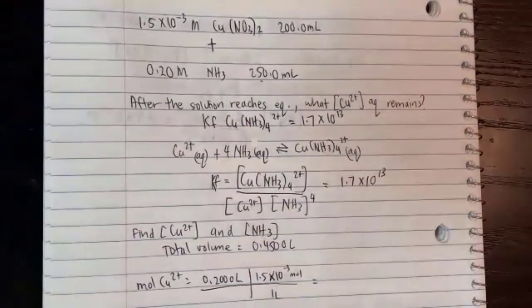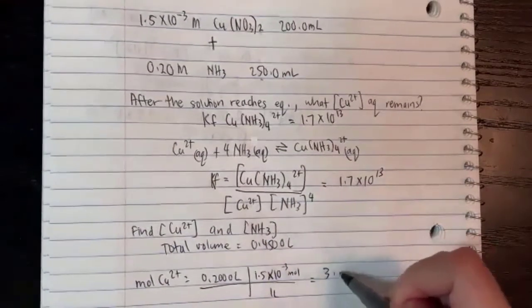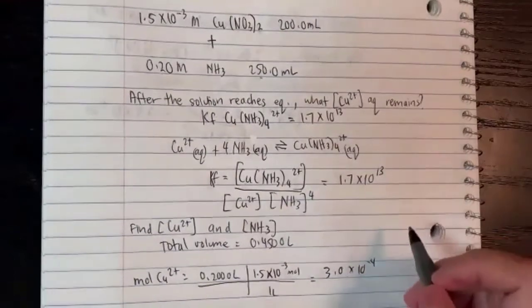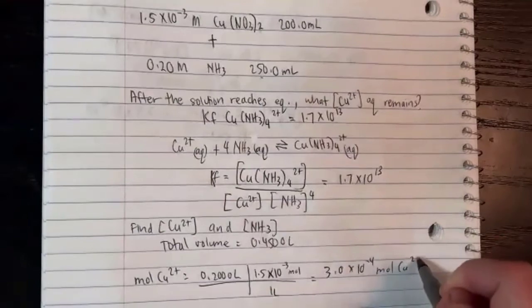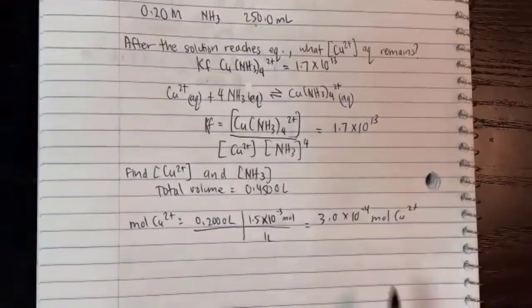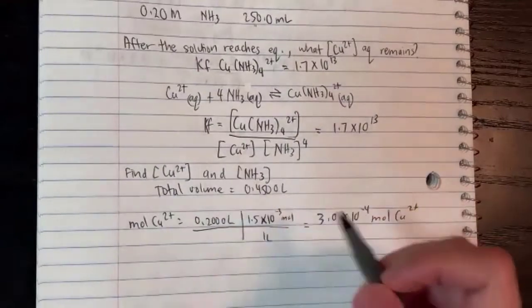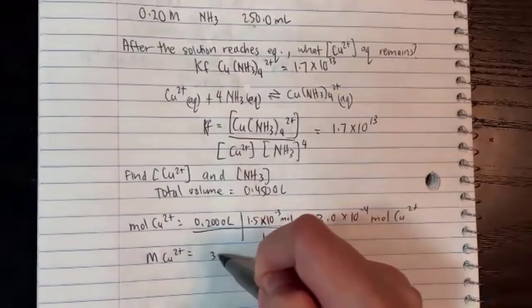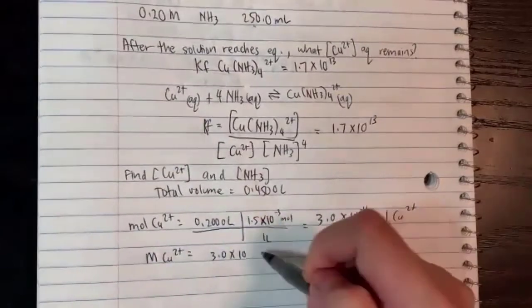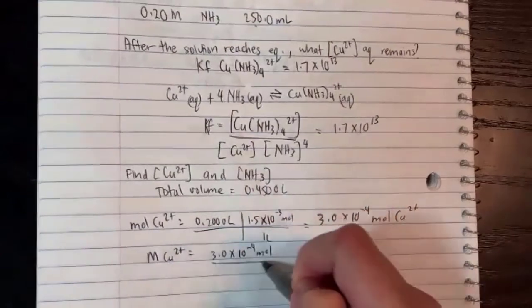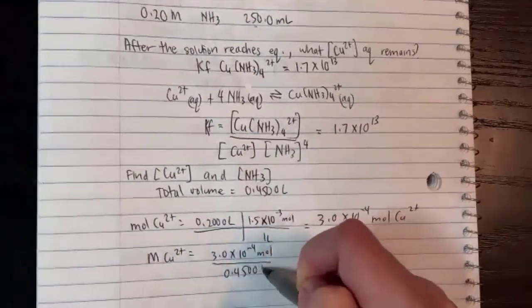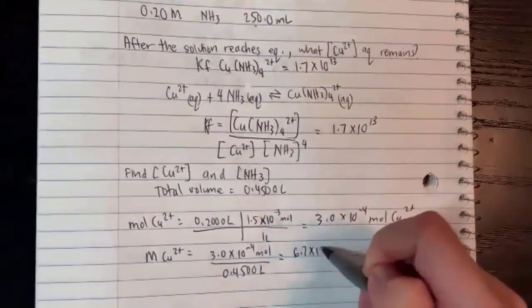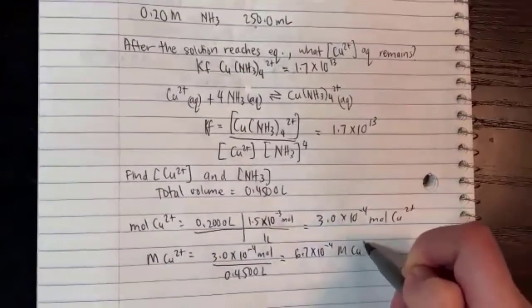So that's how many moles I have of copper. So 3.0 times 10 to the minus 4 moles of copper. And then to get the molarity, I just take the moles divided by 0.45. So molarity of copper would be 3.0 times 10 to the minus 4 moles of copper divided by 0.45 liters. That will give me 6.7 times 10 to the minus 4 molarity copper.